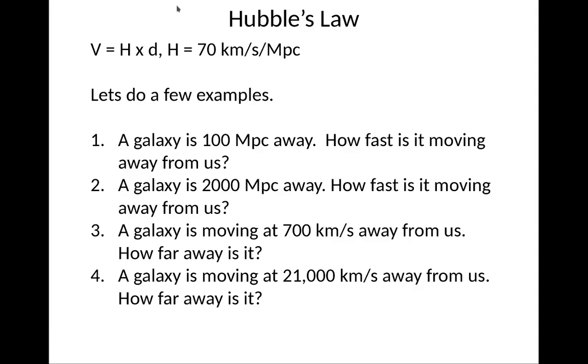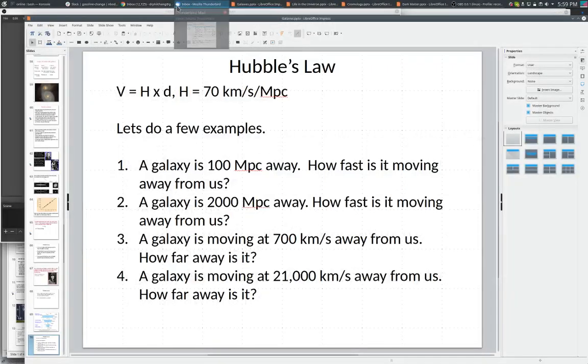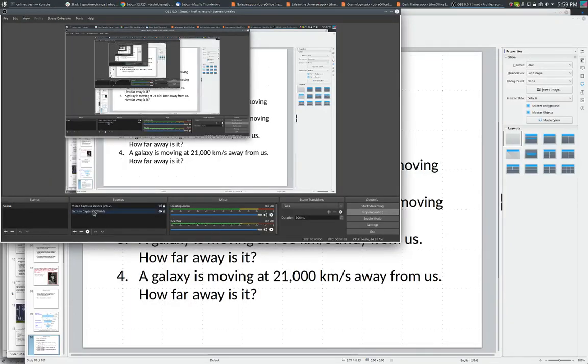Okay, so let's do a few examples of using Hubble's law. Let me get some paper here, and we'll switch over. I might have to get a pen for a second. Let me see. I think I'm prepared for this, and I do have a pen. All right, so let's escape out of this, and we will turn on our capture device.